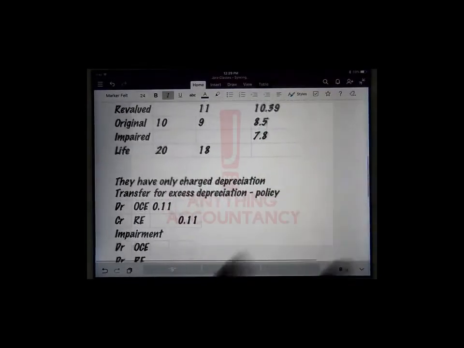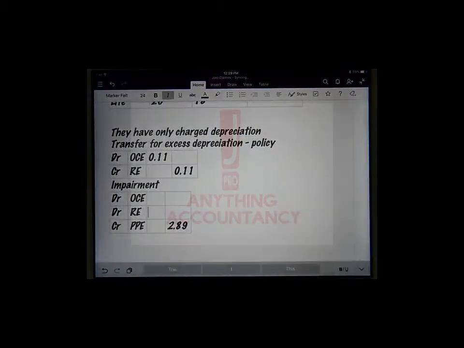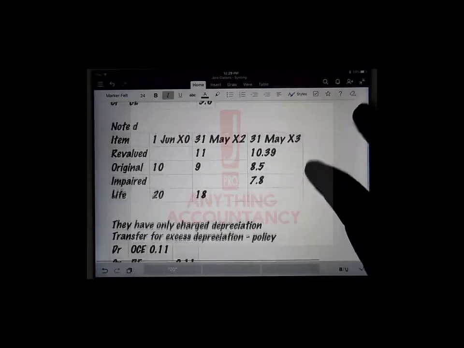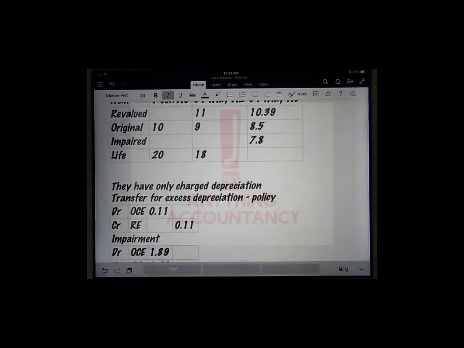From here to here is 2.89, here to here is 0.70, here to here is 1.89. Okay, make sure you know how to get these numbers. Revaluation to original or OCE, original to impairment, RE. Yes, very good.